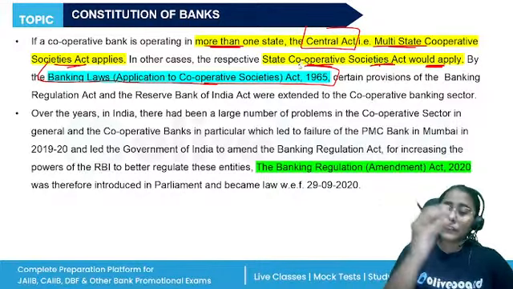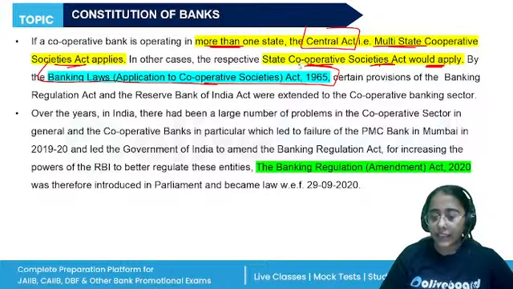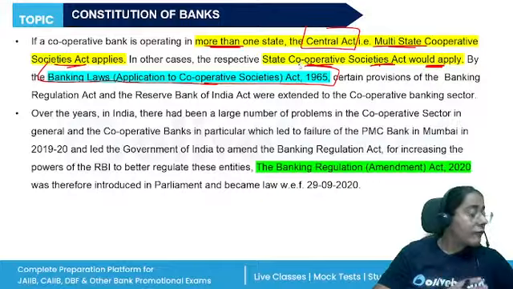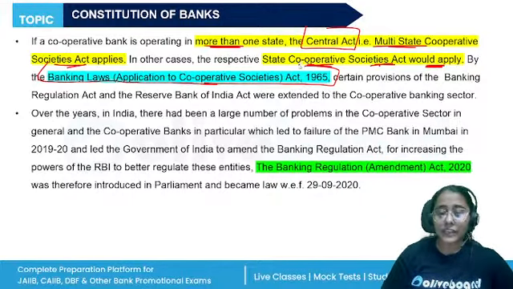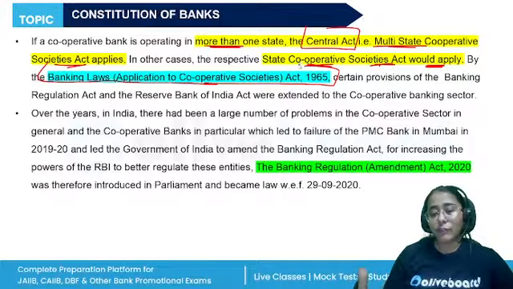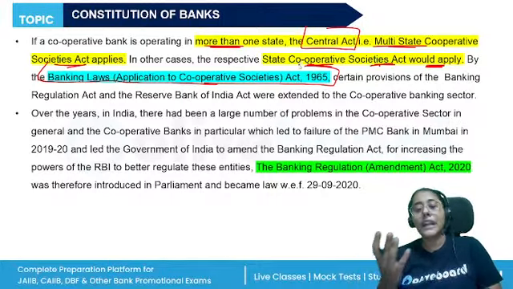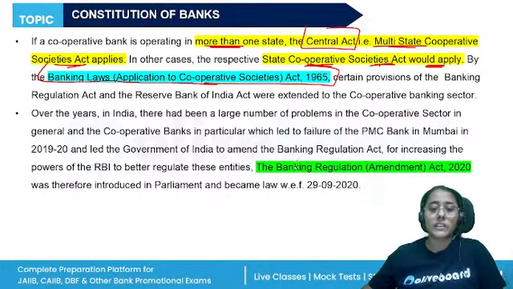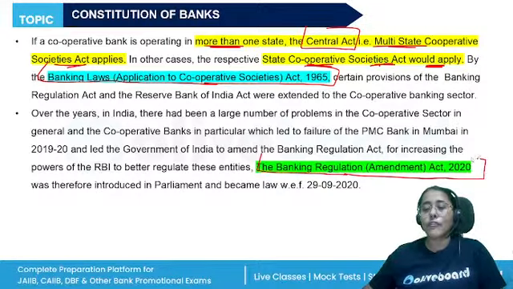The cooperative societies were brought under the regulation of RBI. The name was changed to the Banking Regulation Act. Some powers were given then. Remaining powers for regulation and monitoring have been given to RBI after the Banking Regulation Amendment Act of 2020.